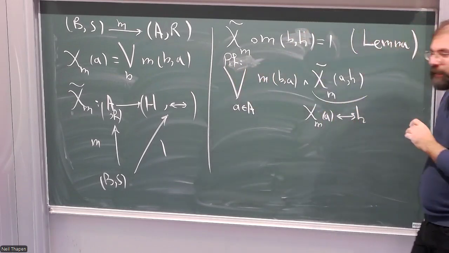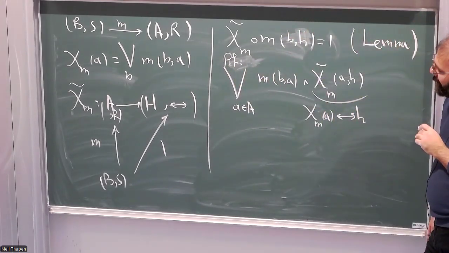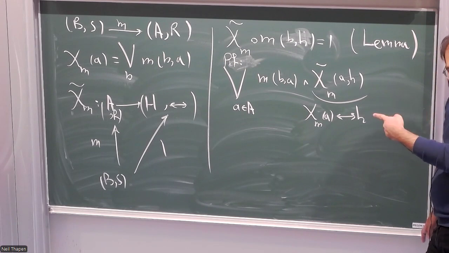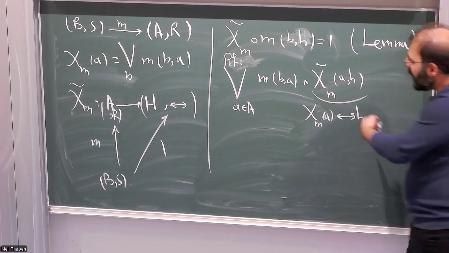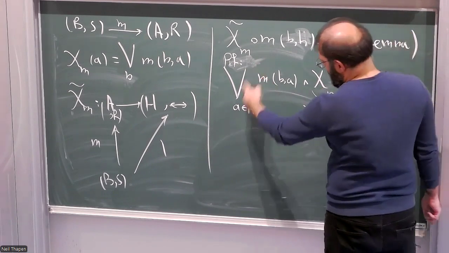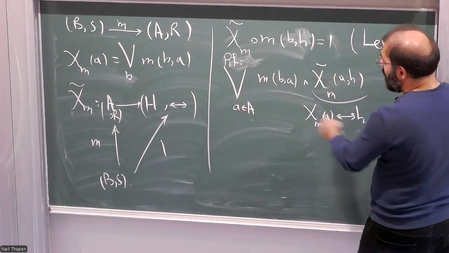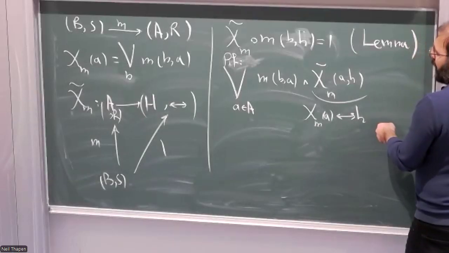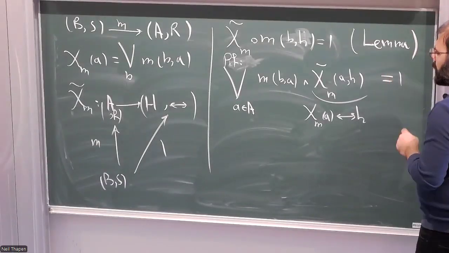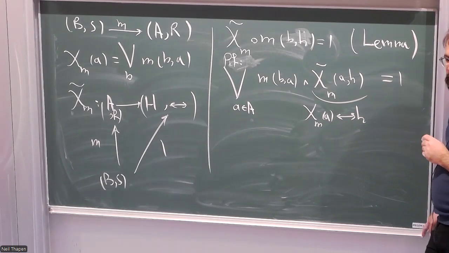Okay. So now we want to compute the guy, right? So the definition of composition is this, right? So then I have just a big disjunction on A, I have this, I have that, and conjunction with E of A. And I have to show that it is 1, right?